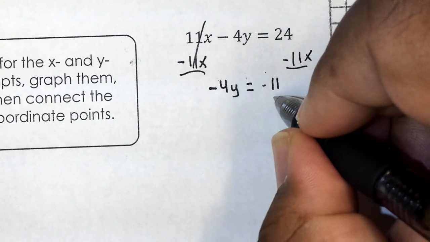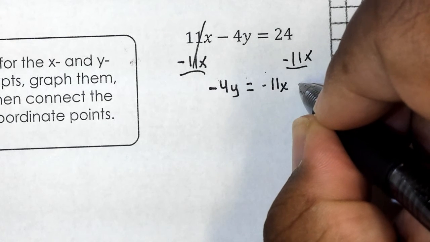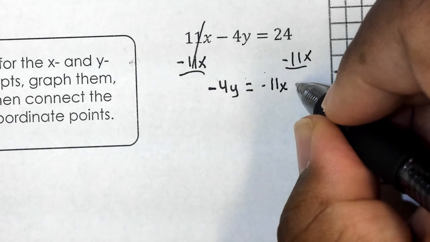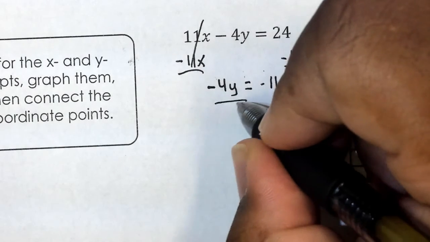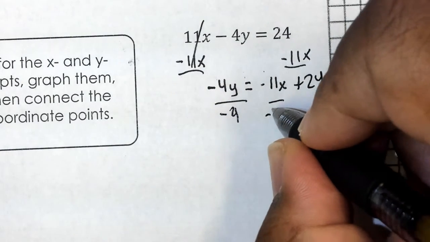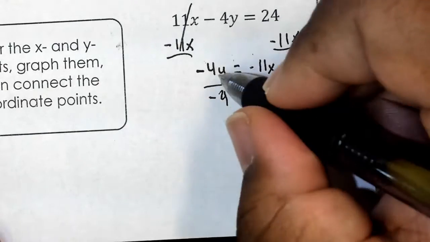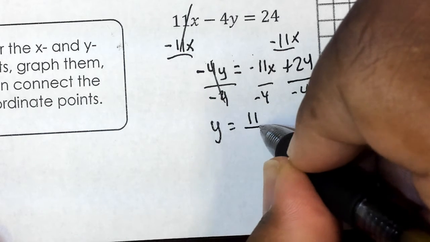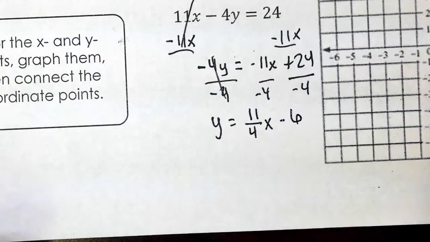Yeah, it's basically there. Okay. It's 11/4x minus 6. Also, it's at -6, so yeah, to stay on. Good. Plus 24, divided by -4, divided by -4, cancels. Y equals positive 11/4x minus 6, like he said.